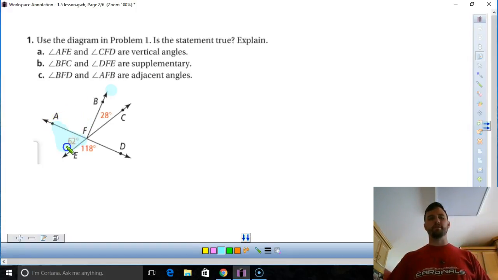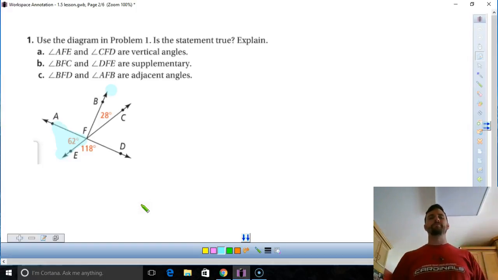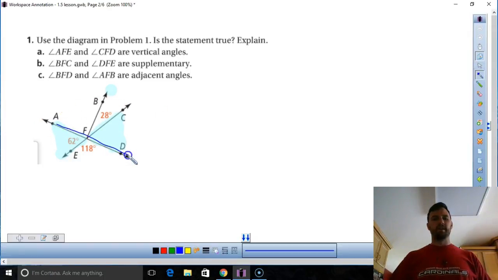Draw it out and then highlight it. Then you do whatever you want. Don't write in your book. You're not a book writer yet. So that's AFE and CFD. Let's take a look. It looks like a bow tie. They're formed by the same two lines intersecting. So I would say yes.